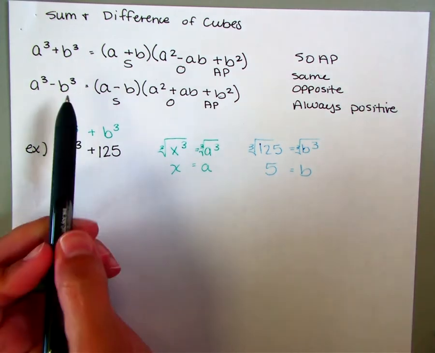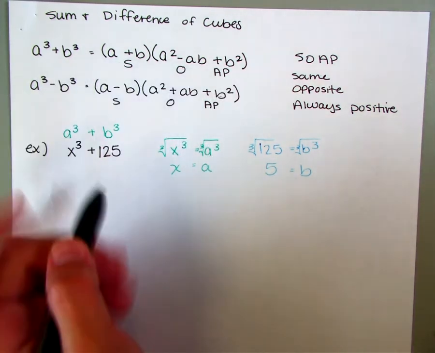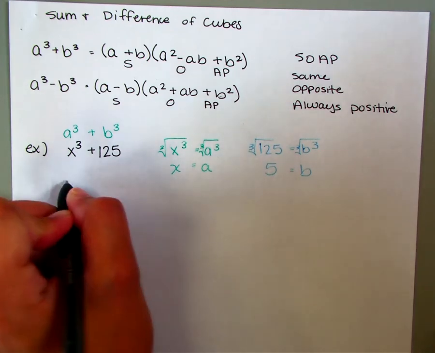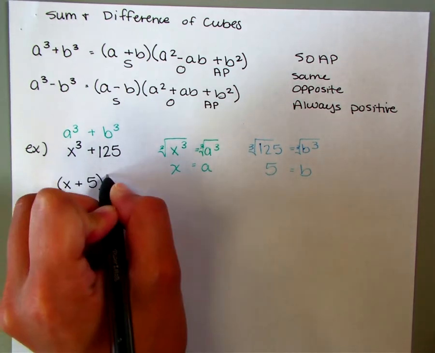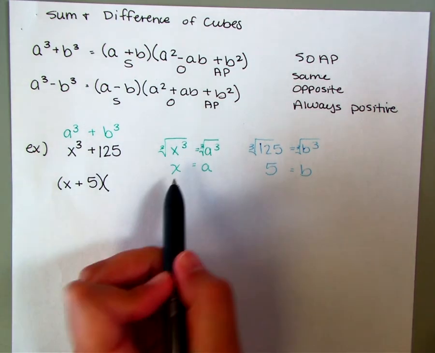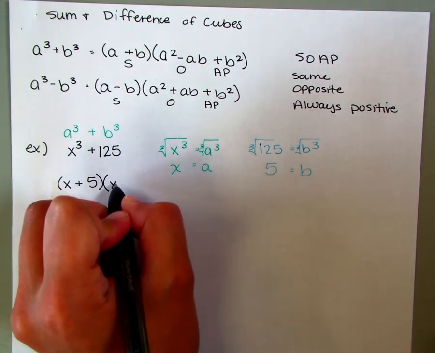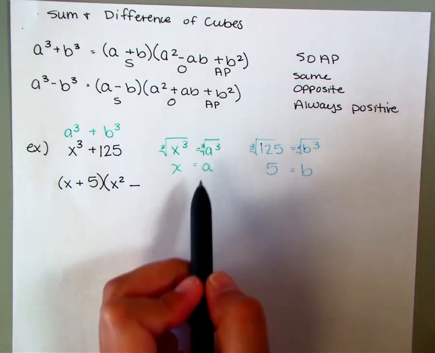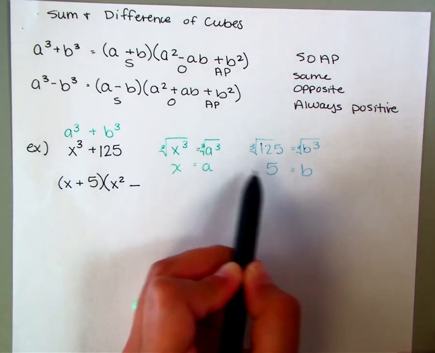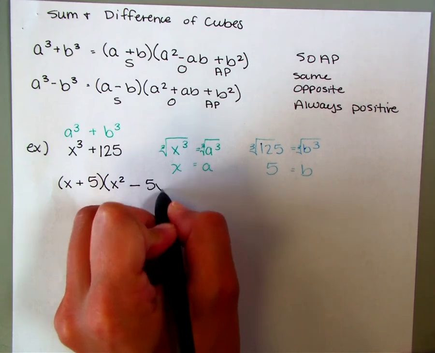Then we're going to use this form. So it's a plus b. We know that a is x and b is 5, so x plus 5. And then we've got a squared. If a is x, we'll square it, and we've got x squared. And then we've got minus a times b. a is x, b is 5, so minus 5x.